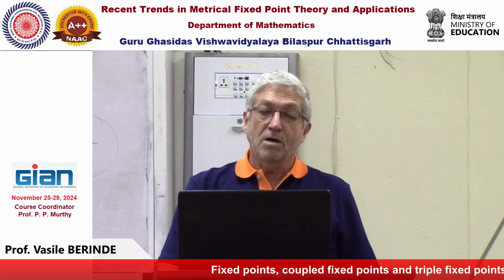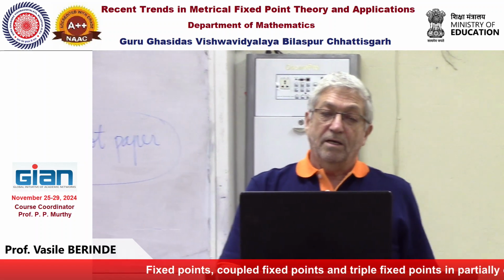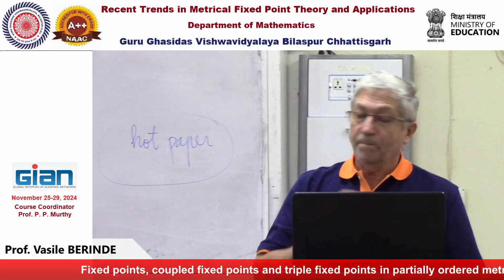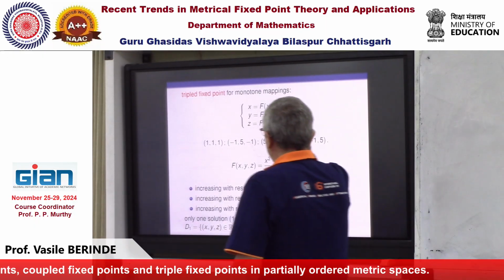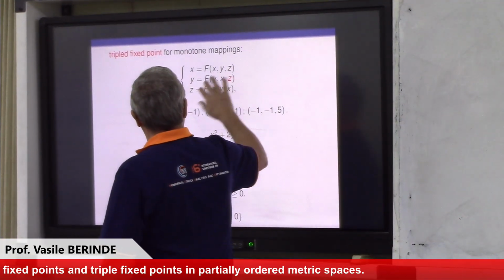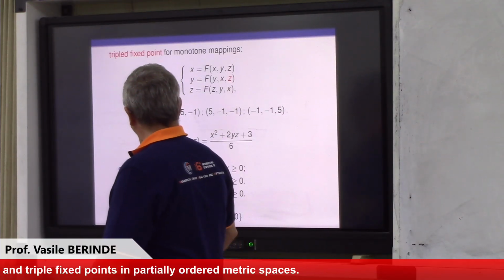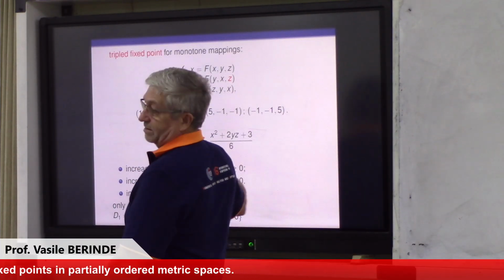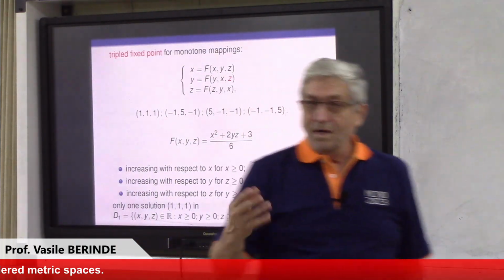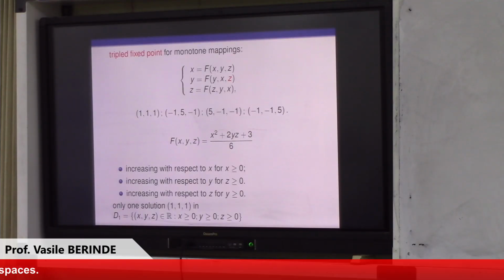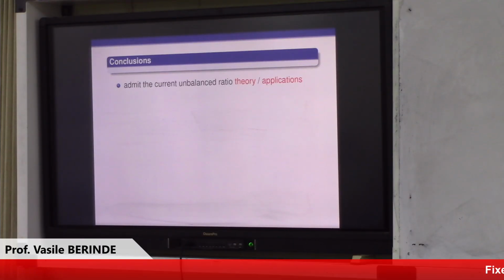And if we have this, then we could get the solution. And what my PhD student did, he considered again the first definition, and he applied this, increasing, increasing, increasing in all arguments, and he also obtained very nice results which were published.